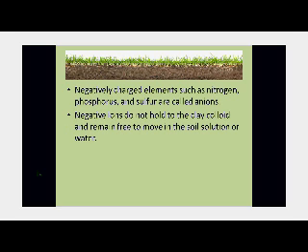So your negative charged elements will include things like nitrogen, phosphorus, and sulfur. And these are called anions. Again, these are not held to your negative soil particles. Negative ions are not held and will remain free to move in soil solution or water.